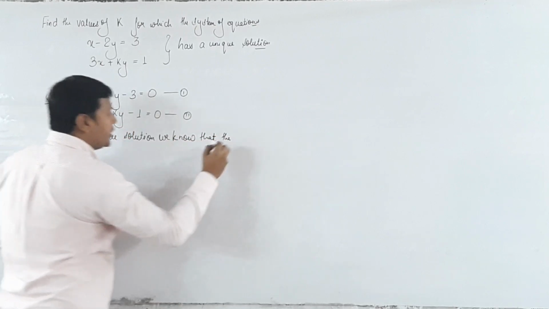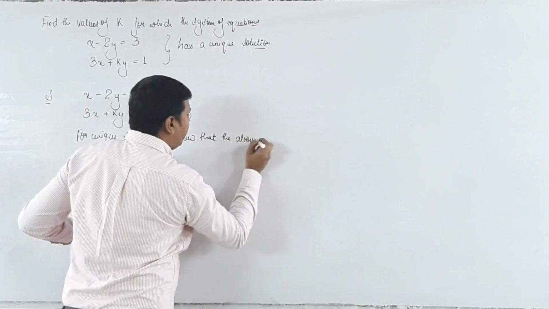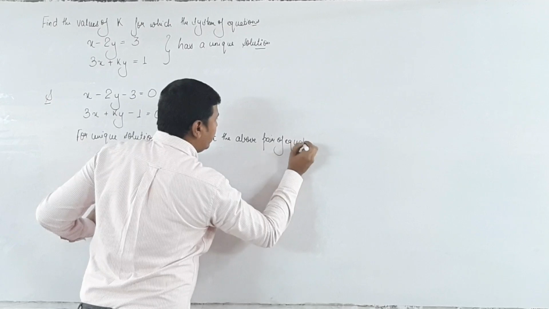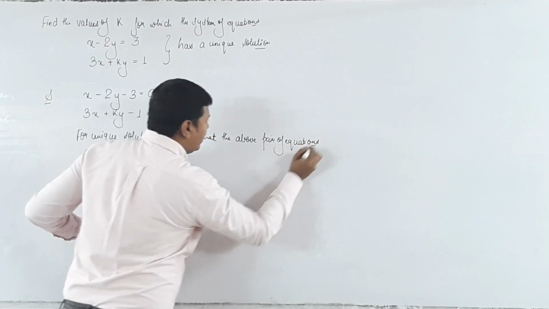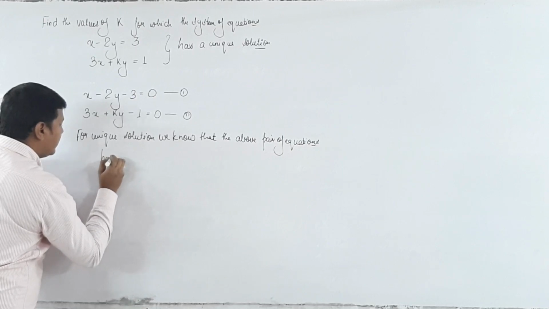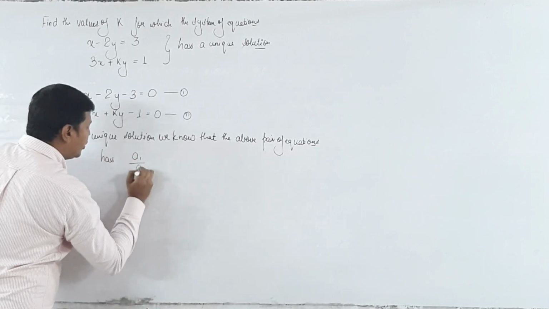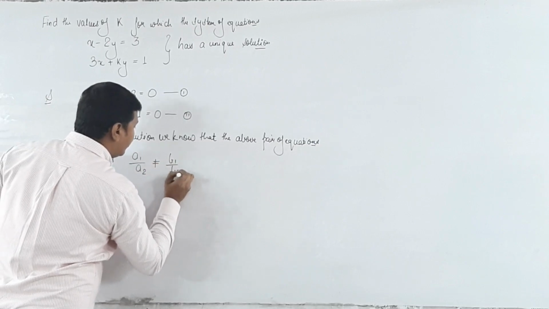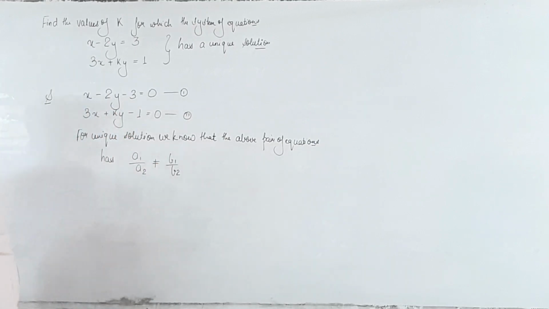As we have to find the value of k, k is at the place of b2.